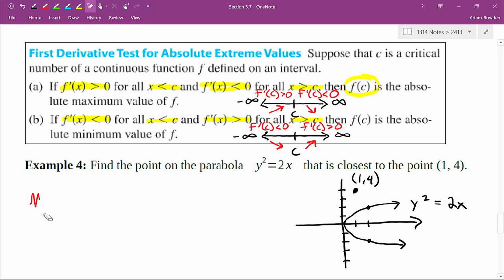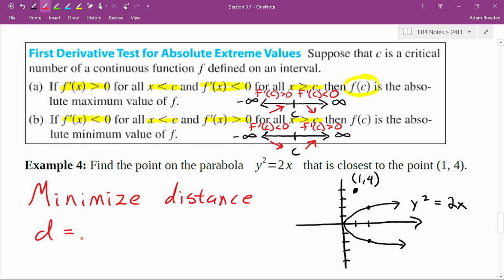So what we're going to do here is minimize the distance. The distance formula being given by d equals the square root of y2 minus y1 all squared plus x2 minus x1 all squared.